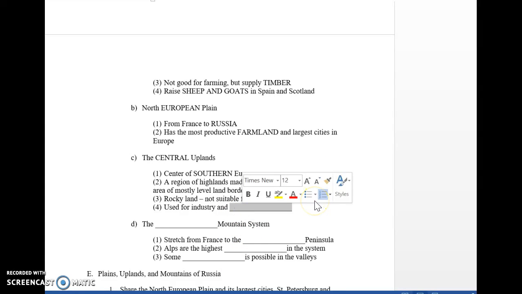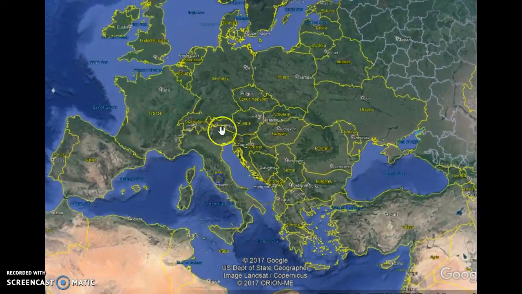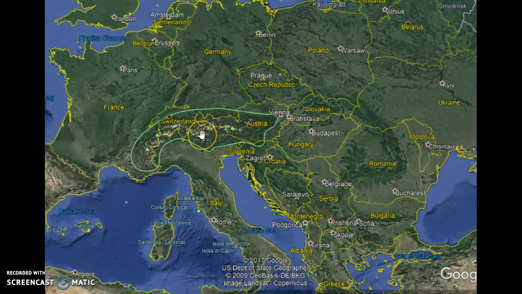And they are typically used for industry and mining. Also, you can add in some tourism. So the Central Uplands, if you come here and you find the Alps, you can see them through here. This is where the Alps are. This would be the Central Uplands region.